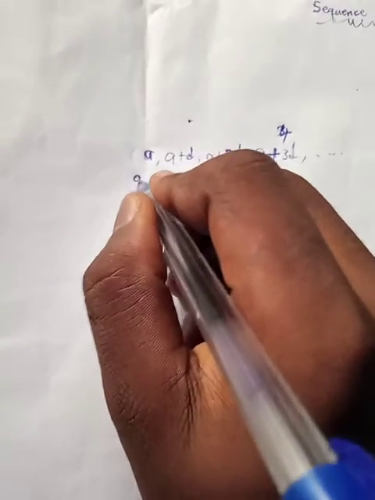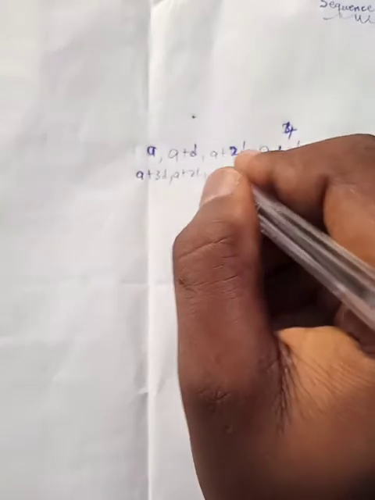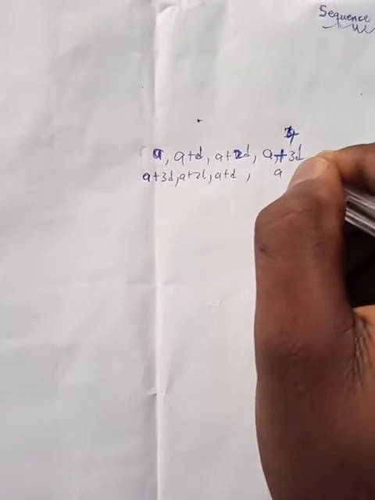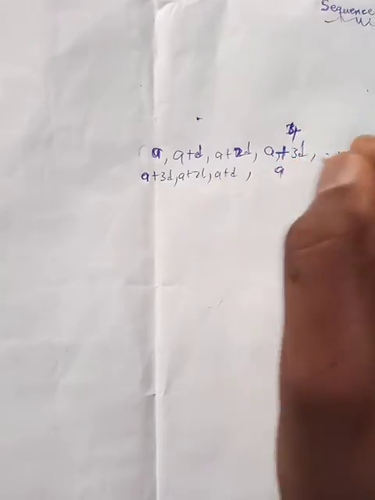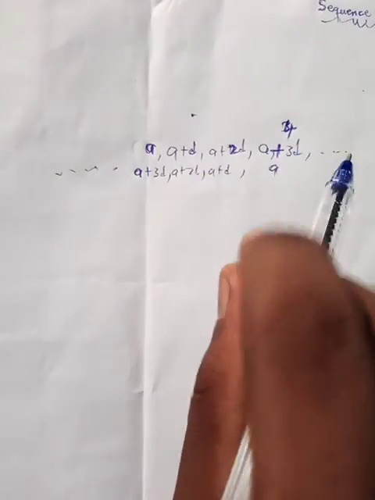So we have a plus 3d here, a plus 2d, then a plus d, then a here. Then we have dot dot dot going. So he told himself, let's reverse it this way. So now let's add them.